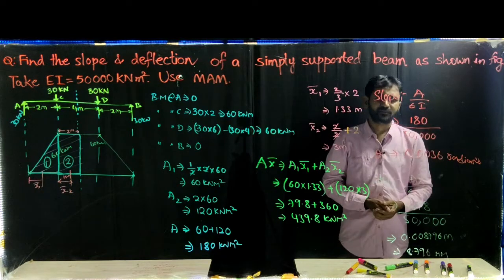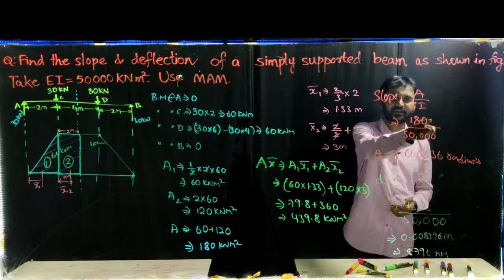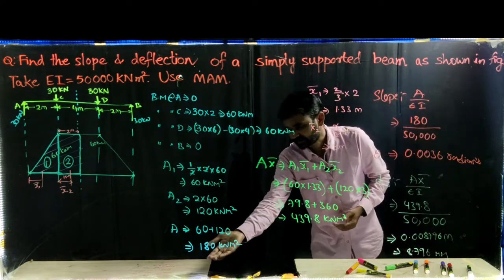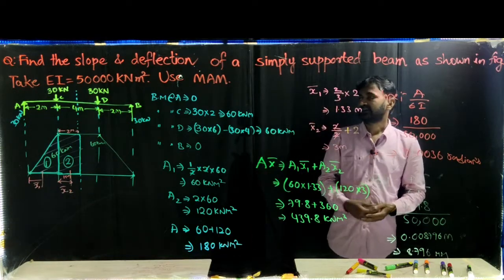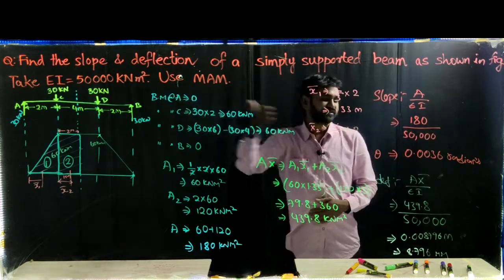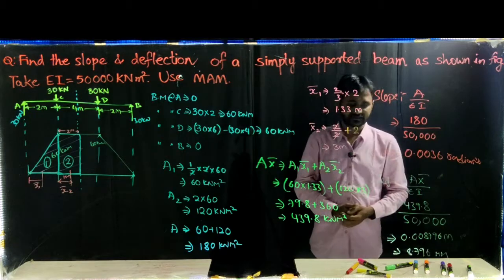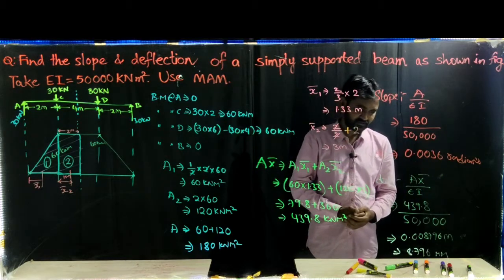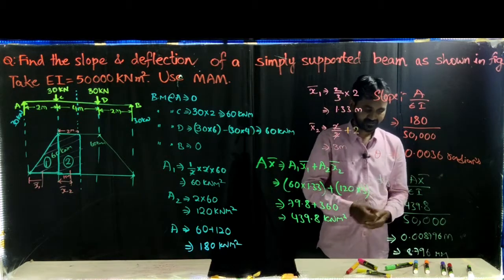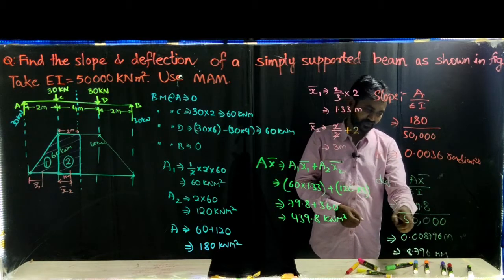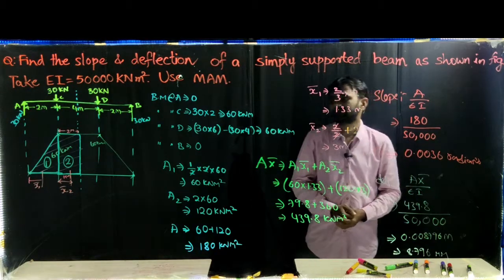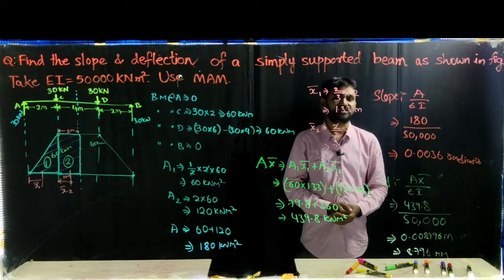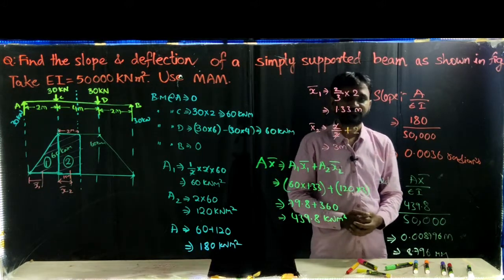The area you got is 180, and EI is 50,000, which is given in the question. You got the answer in radians. For the deflection also you will get the same thing. So 439.8 by 50,000 you will get the deflection. So you got maximum slope as well as maximum deflection, right? Thank you.